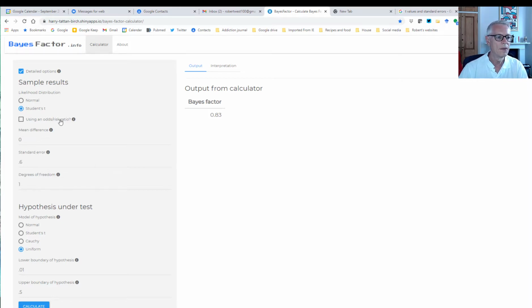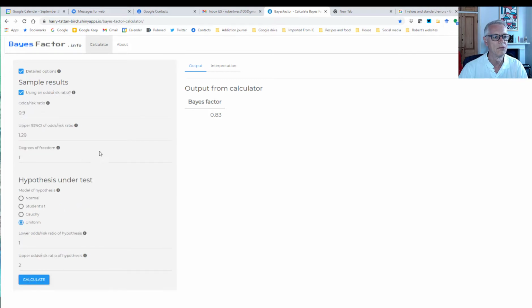If I then go back, still with the detailed options, and look at odds ratios or risk ratios, then again you've got the options of specifying a normal distribution, Student's t or Cauchy for your experimental hypothesis.